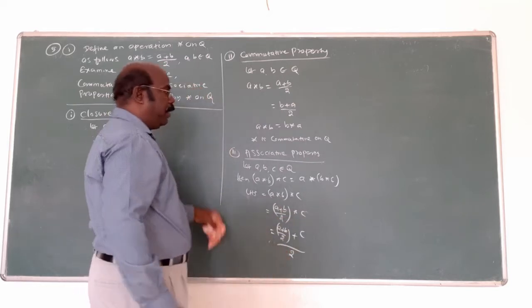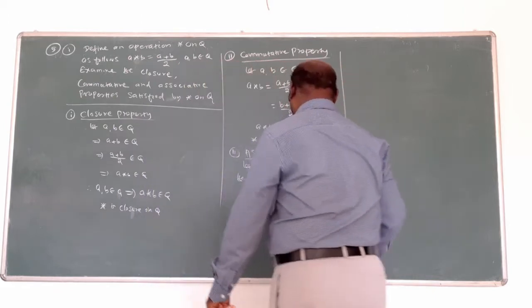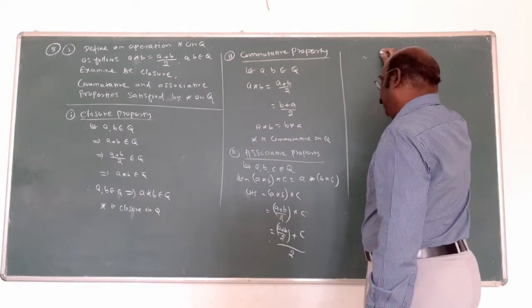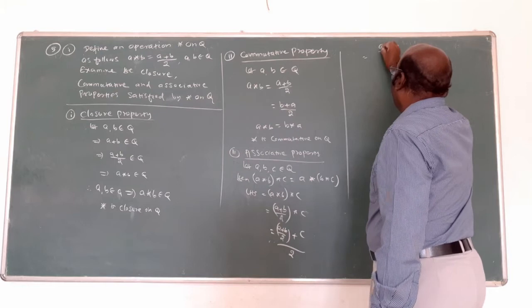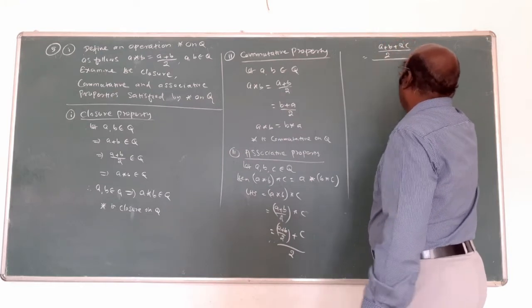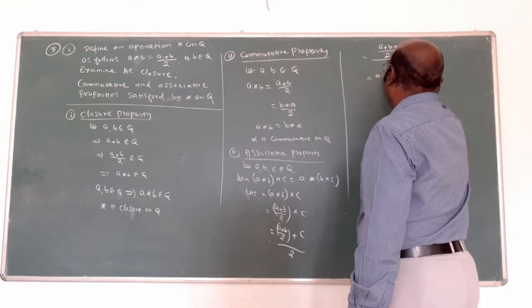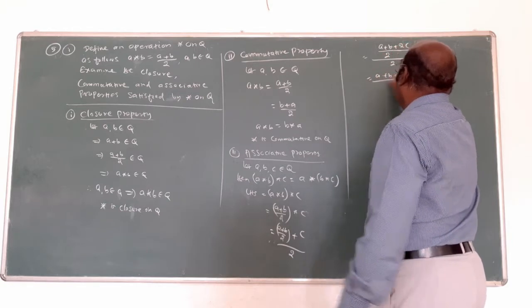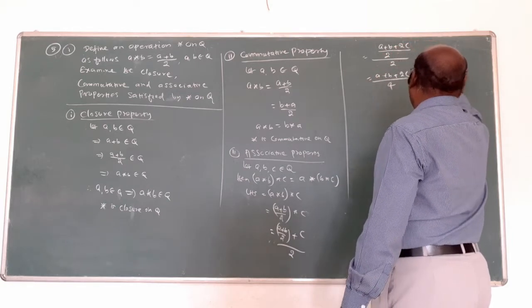This is very important. Now 2 is the LCM: A plus B plus 2C by 2. Again, A plus B plus 2C divided by 4 is the first answer.